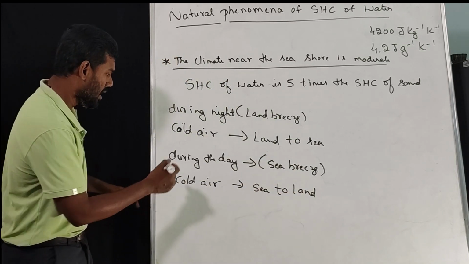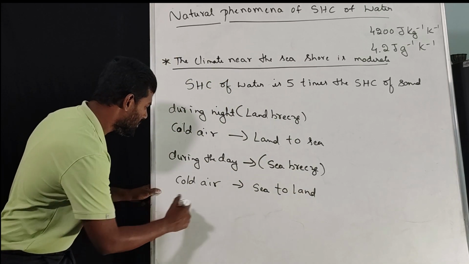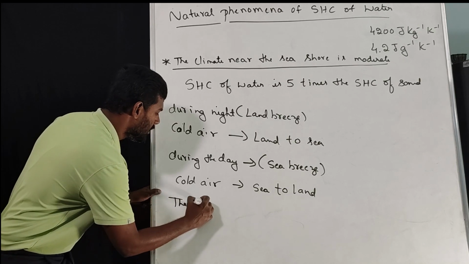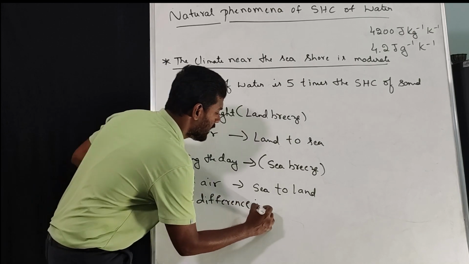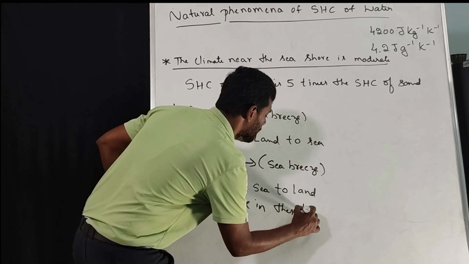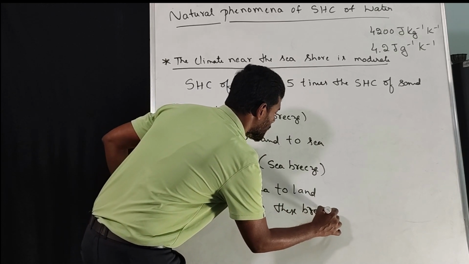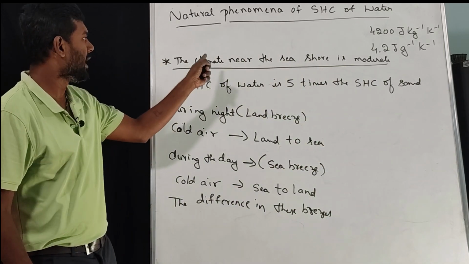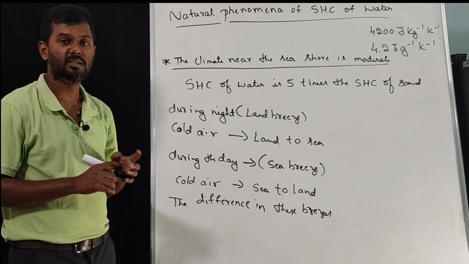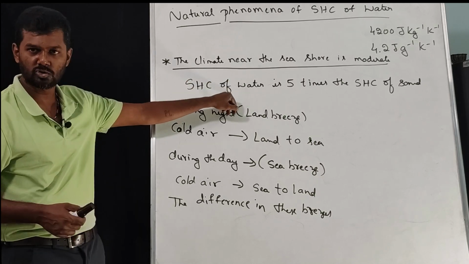Then the difference between these temperatures, the difference in these breezes, makes the climate near the seashore moderate. This is the concept, and this one you should know.